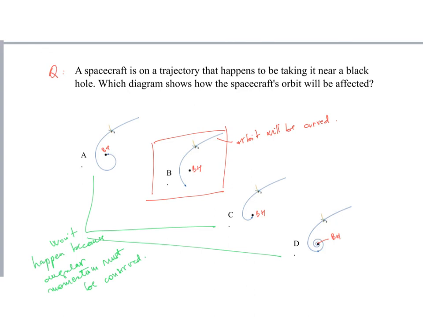The spacecraft falls onto the black hole only if it loses angular momentum. Okay, remember that angular momentum is mass times velocity times the radius of rotation, or the radius of the orbit.